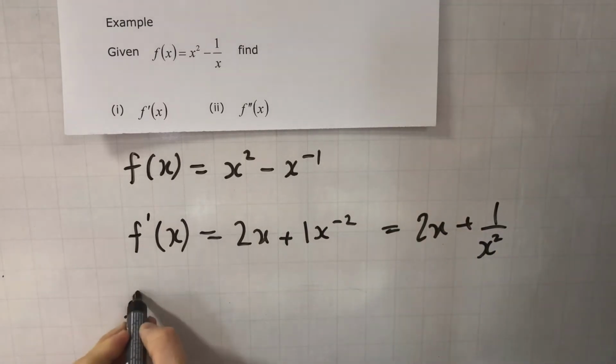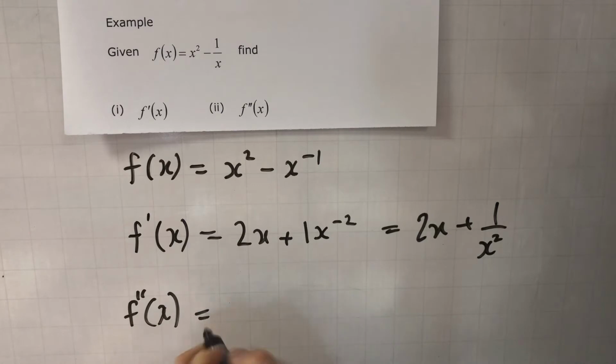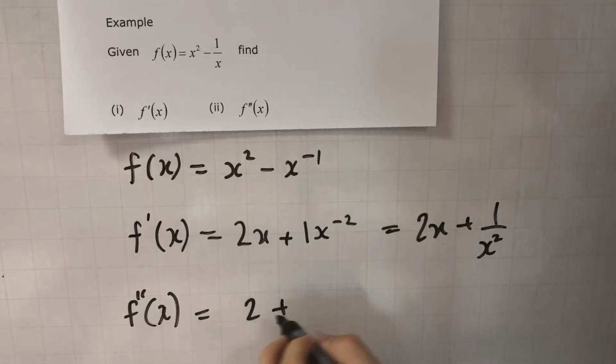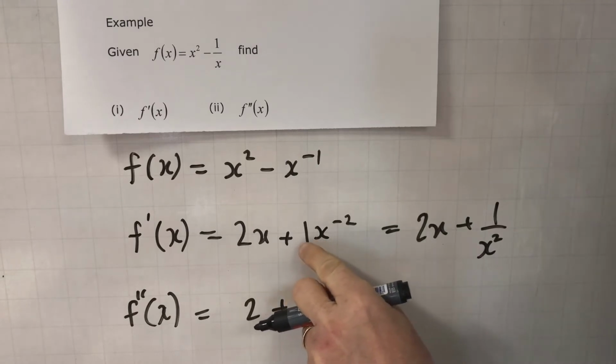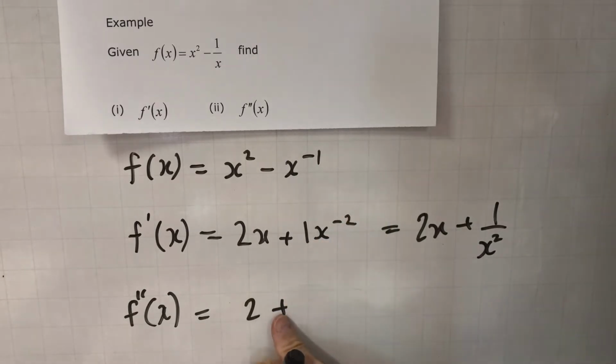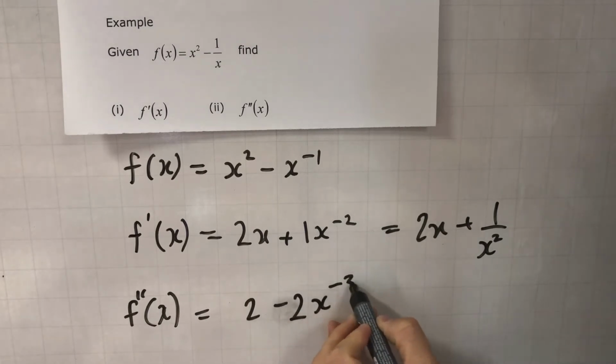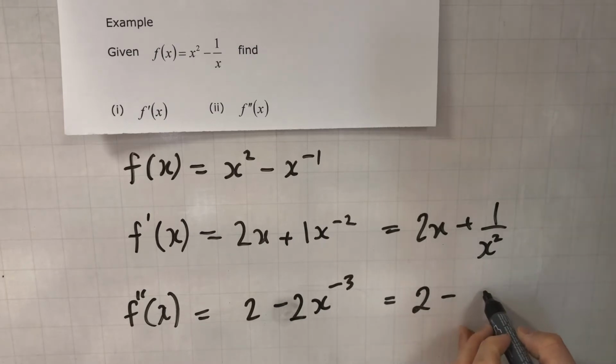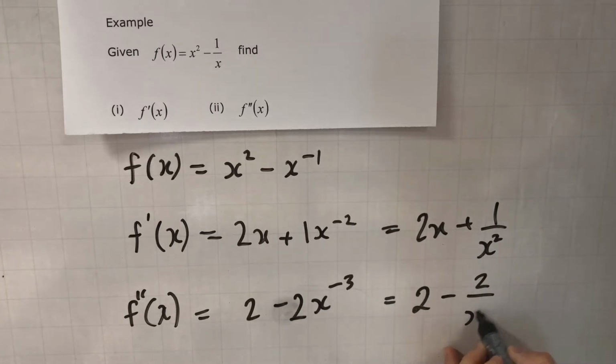However, for the purpose of the second derivative, I use this. Differentiation of 2x is 2. Differentiation of the 1 lot of x to the power minus 2 is minus 2 x to the power of minus 3, which again can be rewritten as 2 take 2 over x cubed.